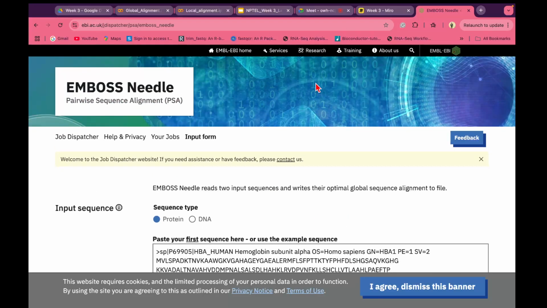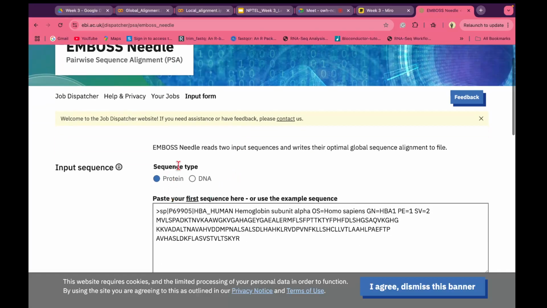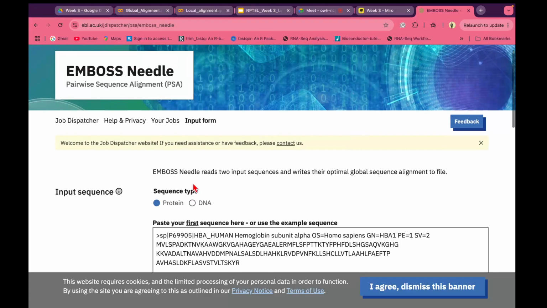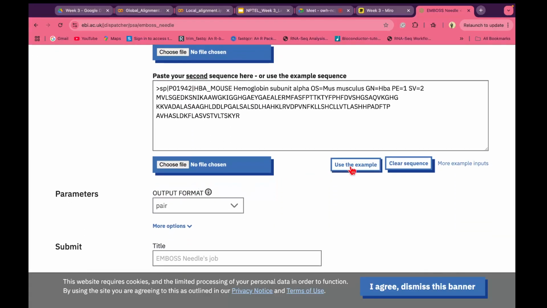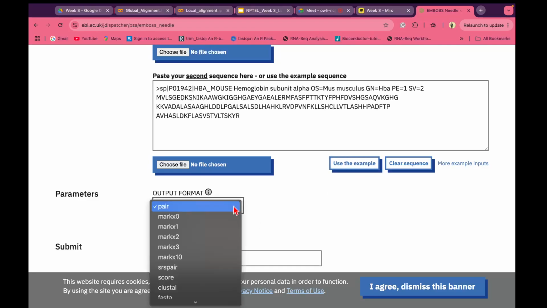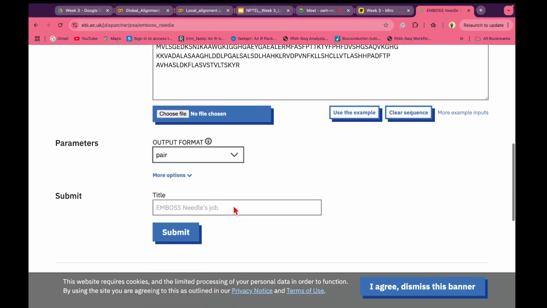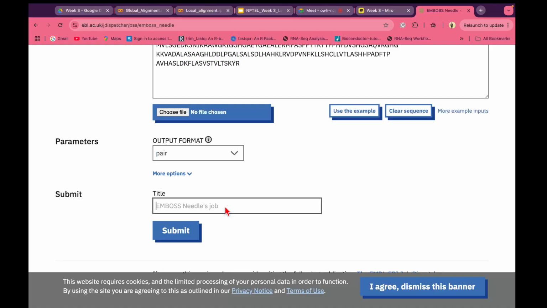As we discussed, this algorithm is based on the Needleman-Wunsch method. This method can be used to align either protein or DNA. I have selected their example sequence, so we have used the example option here. The output format I want is pair format.